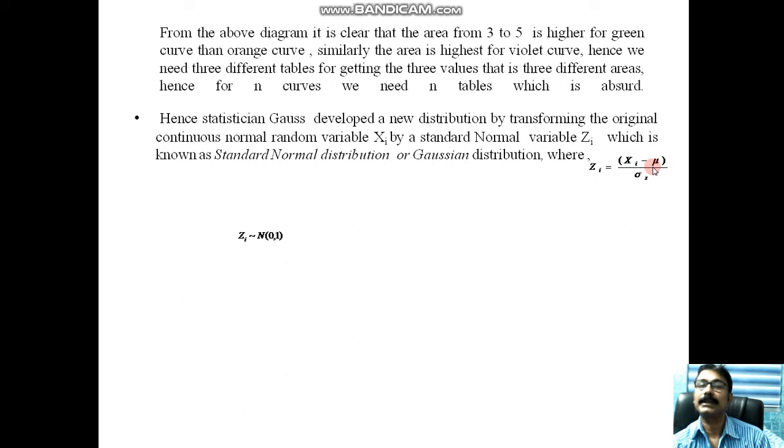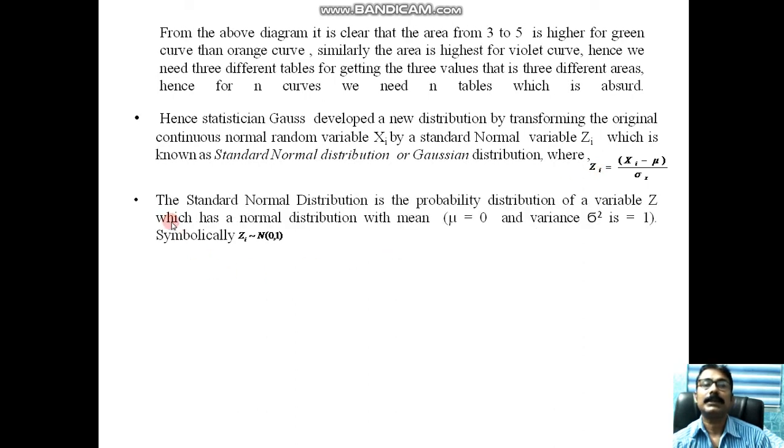That means by subtracting the mean value and dividing by the standard deviation, the new transformed, standard variable can be developed. Now the standard normal distribution is the probability distribution of a variable z. We denote this new variable as z, which has a normal distribution with mean 0 and variance equal to 1.